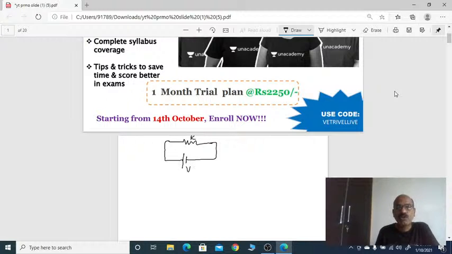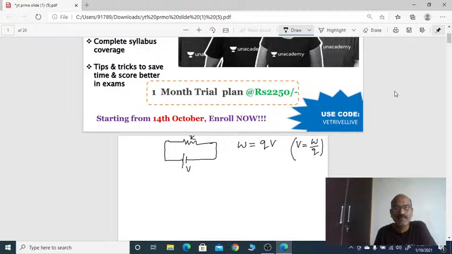Whenever we apply the potential difference to the resistance, the amount of work done to move the charge for the entire circuit is Q into V. As we all know, potential difference is the work done to bring the charge from infinity to that point.